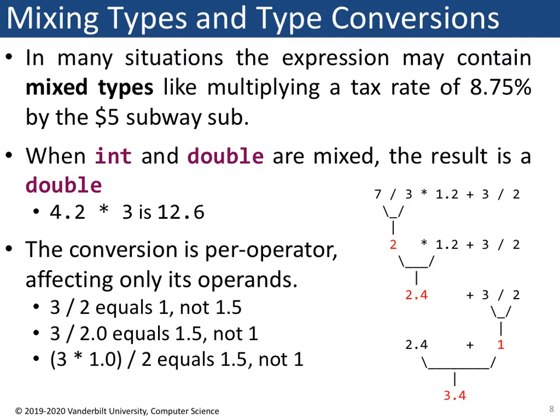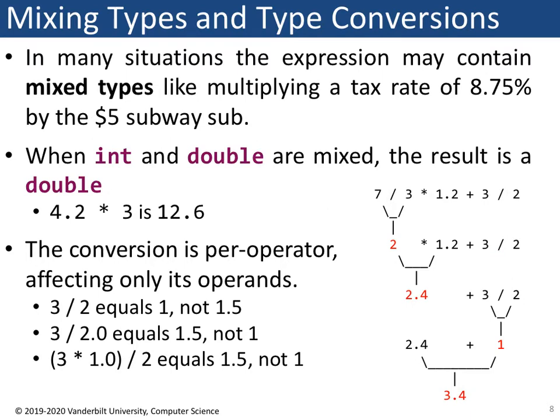So we have evaluated the first expression. The resulting expression is 2 times 1.2 plus 3 divided by 2. The next highest precedence operator is multiplication. Multiplication and division have the same precedence.